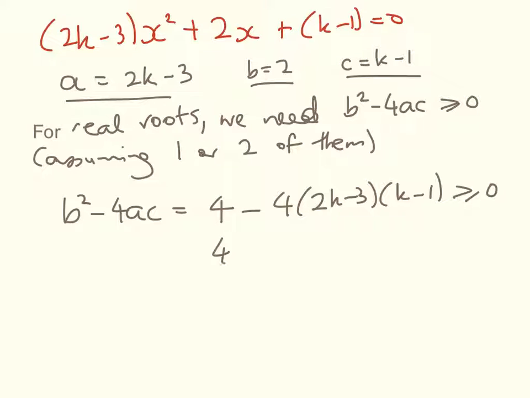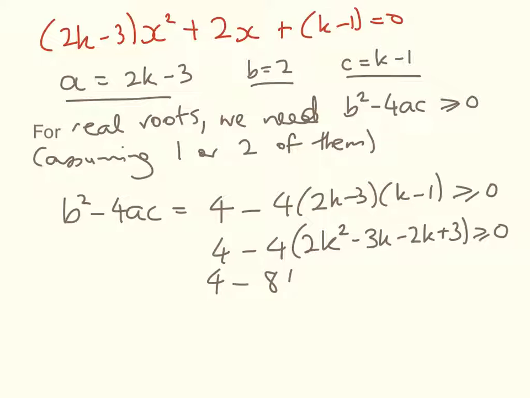So we get 4 minus 4 times this. Now we just need to clean that up. So 4 minus 8k squared. Now this bit here is minus 5k. So multiplied by negative 4, it's going to give me plus 20k.